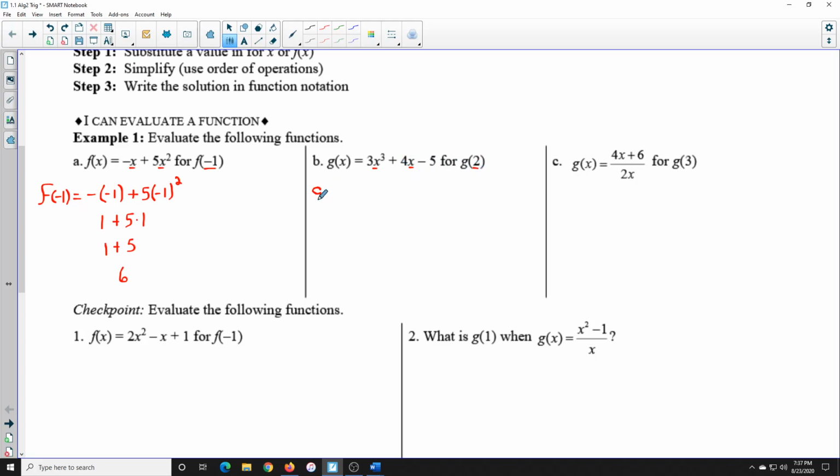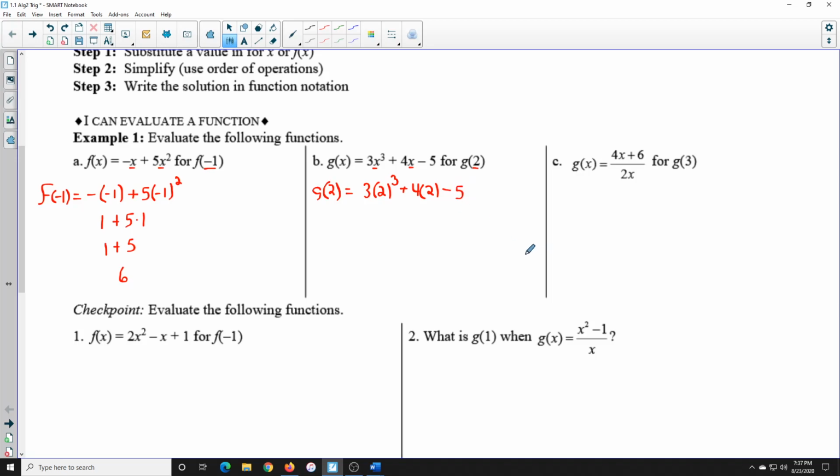So g of 2, so we're evaluating function g at x equals 2. So 3 times 2 to the third power plus 4 times 2, then minus 5.